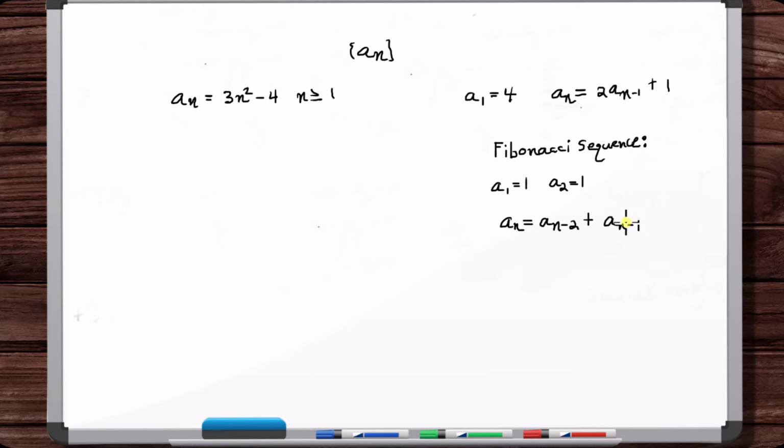So a recursive formula can have a sub n be a function of one or more of the preceding terms. You could even use a sub n minus 3 if you want, a sub n minus 4.